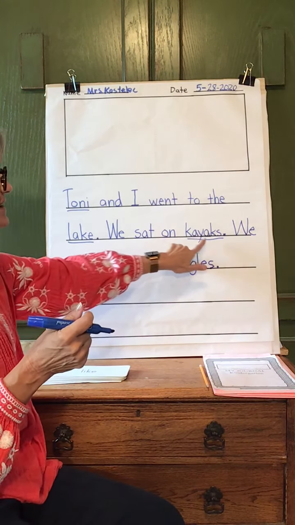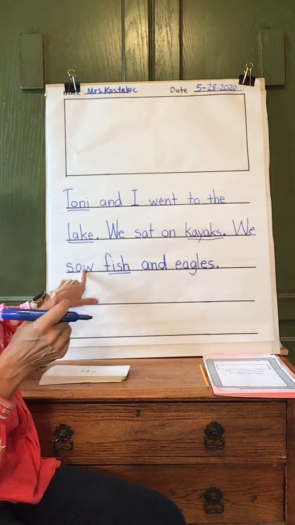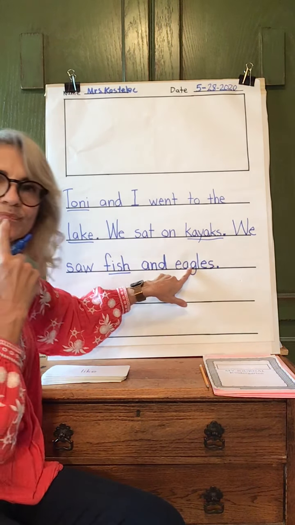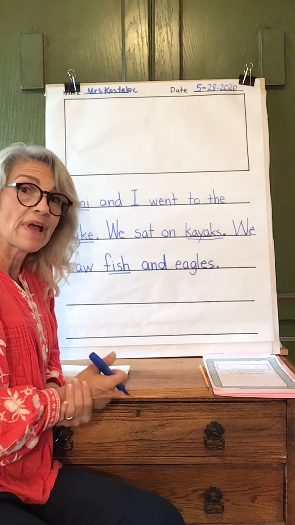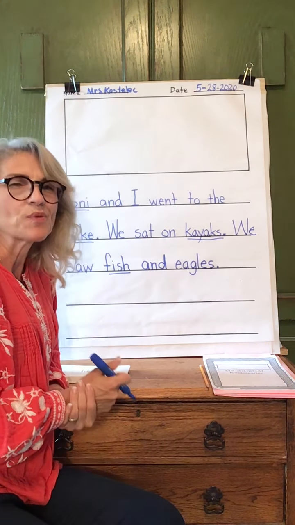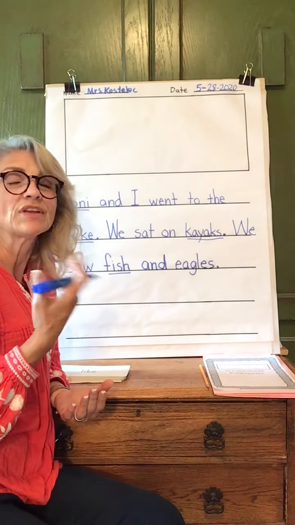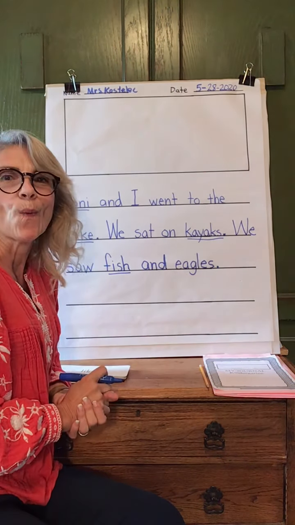Okay, so Tony and I went to the lake. We sat on kayaks. We saw fish and eagles. Now if I was going to add to my story of what we usually do when we're at the lake, I've got to finish it with what after a while you get hot, so you get wet.